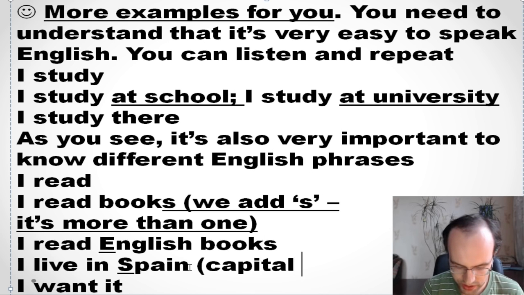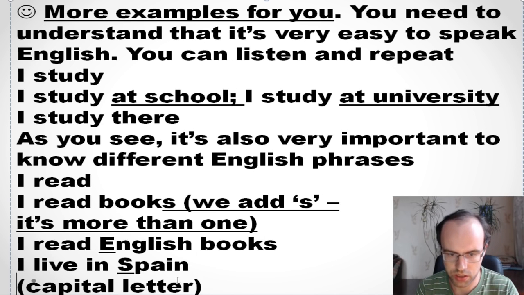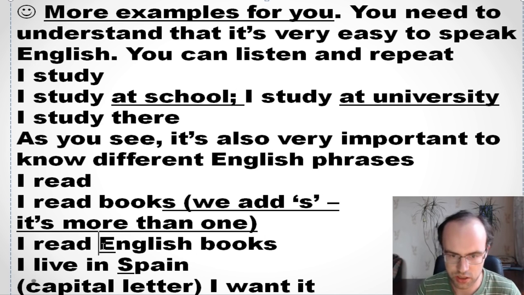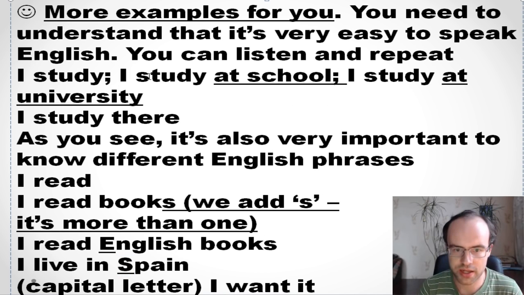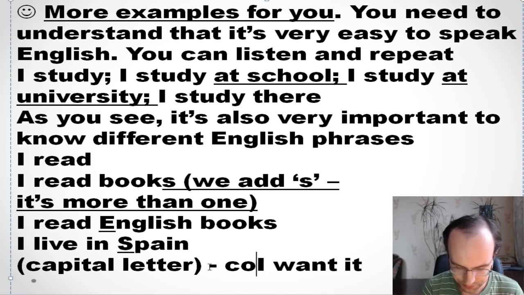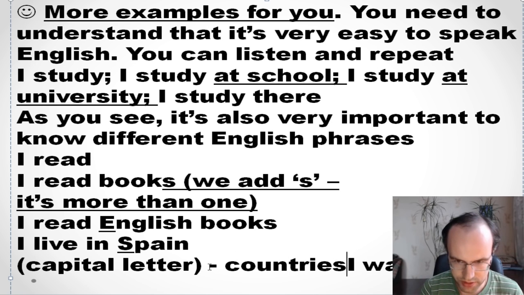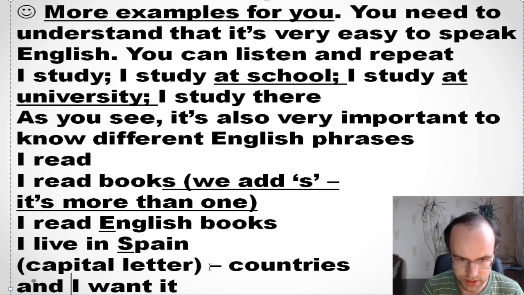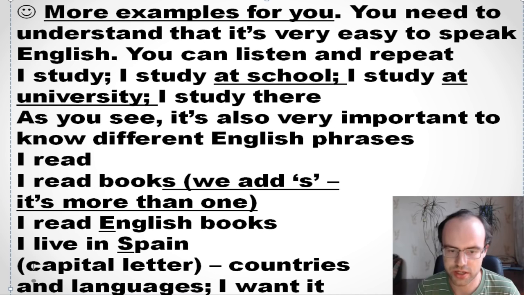So with countries and languages, capital letter.